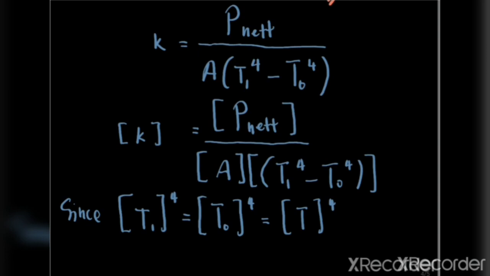Therefore, K equals P_net divided by A (T1^4 minus T0^4). So the dimension of K equals the dimension of P_net divided by the dimension of area times the dimension of (T1^4 minus T0^4). Since dimensions cannot be added or subtracted, the dimension of T1^4 is equal to the dimension of T0^4, or we can use the symbol: the dimension of T^4.